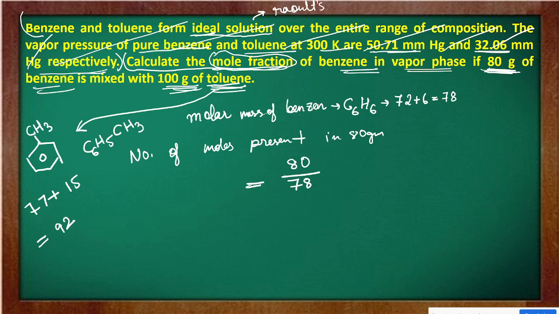It means that the molecular mass of toluene is 92. It means that the moles of toluene present will be equal to the given mass, that is 100, by the molecular mass, that is 92.